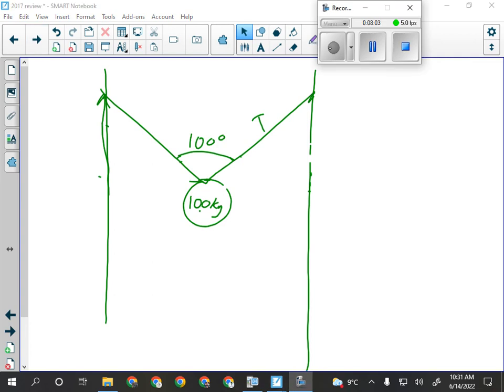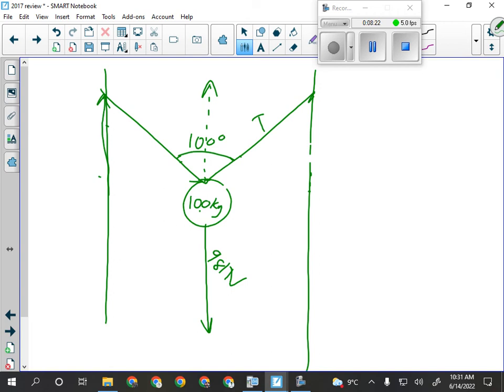So as we said before, the key to this one is realizing that the net force is 0. The second key is realizing that the upward force that neutralizes gravity has to be split equally between the two cables.